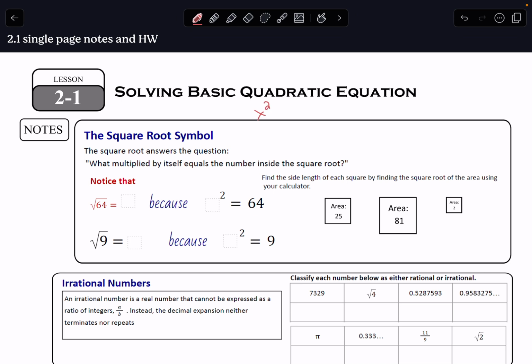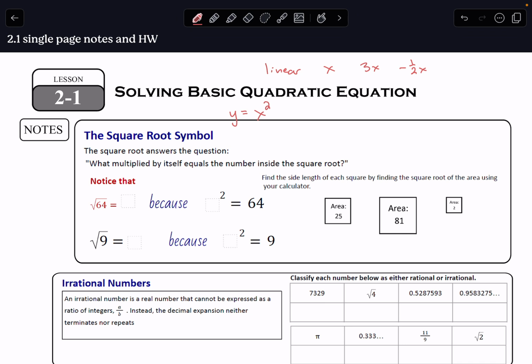That's pretty much it. So last year, you did what were called linear equations, and linear equations had an x. Sometimes it had a 3 in front of it. Sometimes it had a negative fraction in front of it, but you always had an x value. This year, we're working with what are called quadratic equations, so you will always have an x squared.